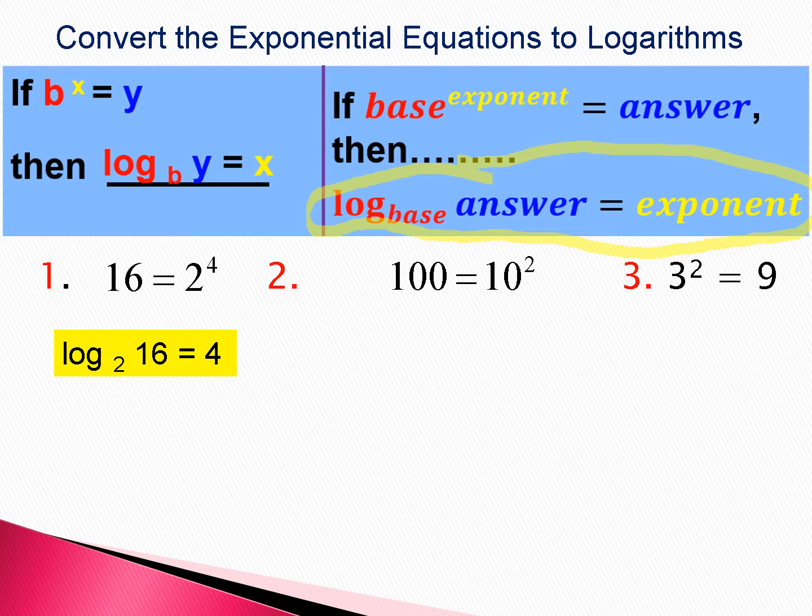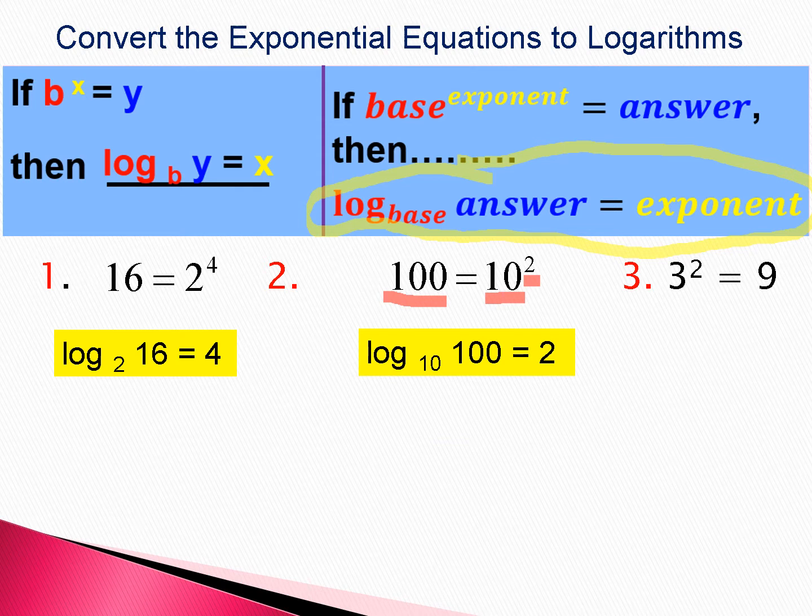Okay, let's look at number 2. Number 2 is 100 equals 10 squared. So what is your base? Your base is the 10. Okay, the answer, that's the 100, and then the exponent is 2. So this is going to be log base 10 of 100 equals 2.